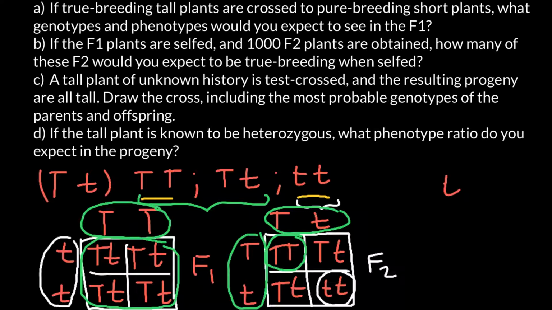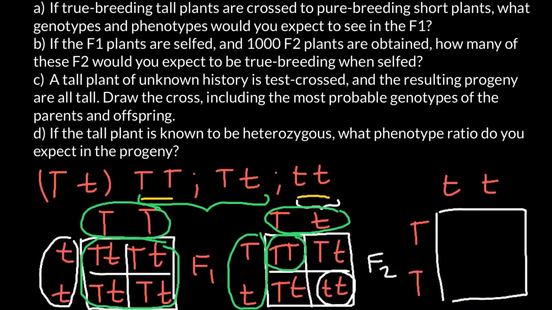We cross the homozygous recessive plant with the unknown plant, and the result is all tall plants, so the genotype of the unknown plant has to be homozygous dominant. In this case, 100% of the progeny would be heterozygous and phenotypically tall.